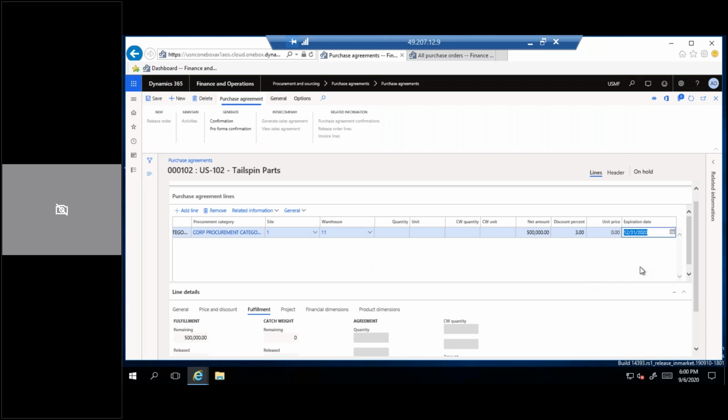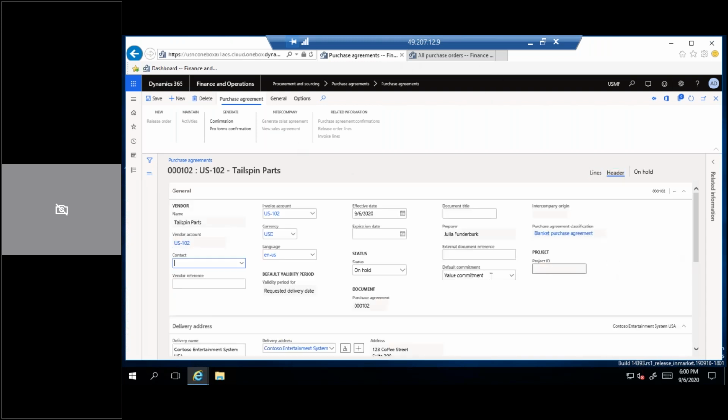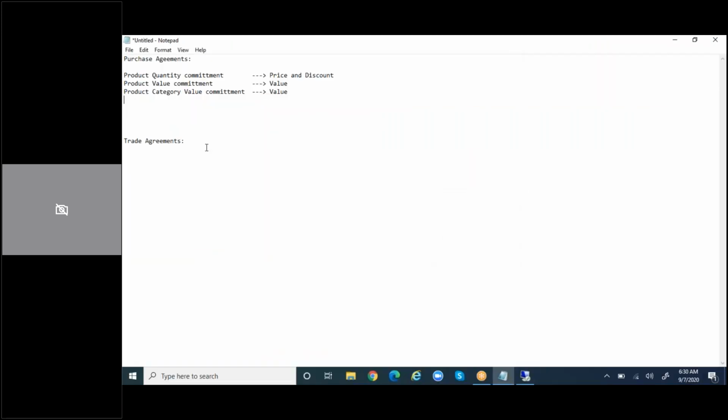This is category commitment. The fourth option is value commitment.